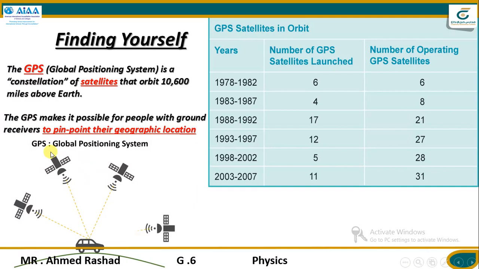So the GPS, global positioning system, has satellites above the earth in a specific orbit, moving around the earth and sending messages and signals to find location on the earth's surface. How is the GPS moving around the earth? That's due to circular motion, and today we're talking about this.